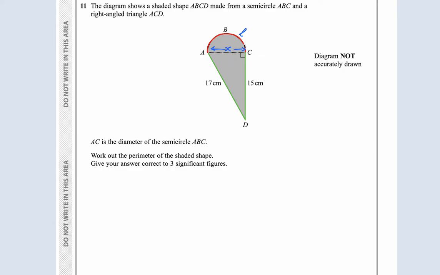Now, how do I get x? Well, this is a right angle triangle. It says it there, guys. As soon as I read right angle triangle, I was immediately thinking Pythagoras' theorem or SOHCAHTOA, but it's going to be Pythagoras' theorem because it's just lengths.